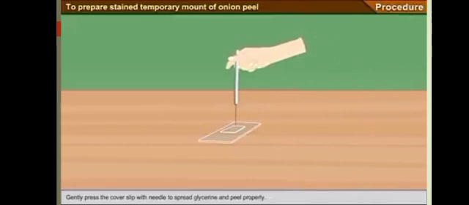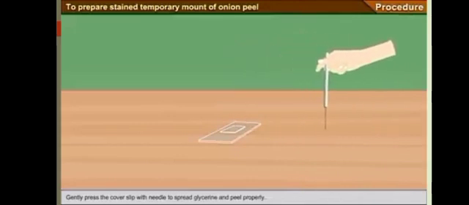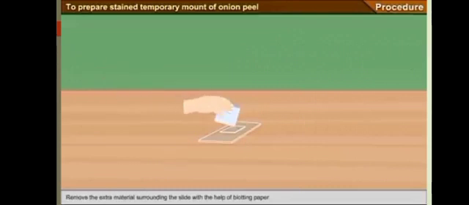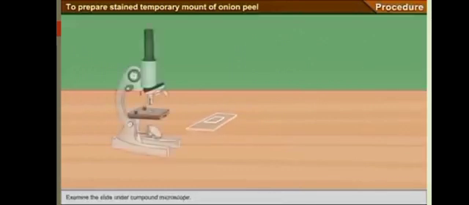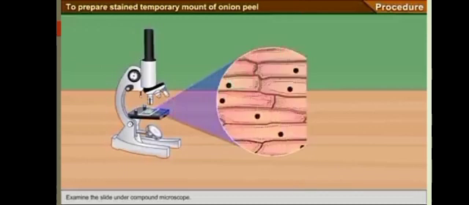We will gently press the cover slip with a needle to spread the glycerin and peel properly. We will remove the extra material from its surrounding by using a blotting paper and then we will place that slide under the compound microscope.